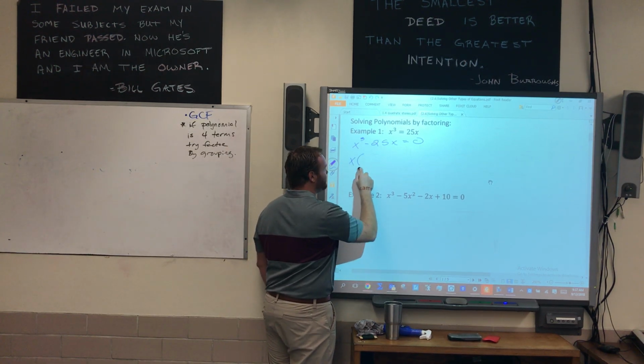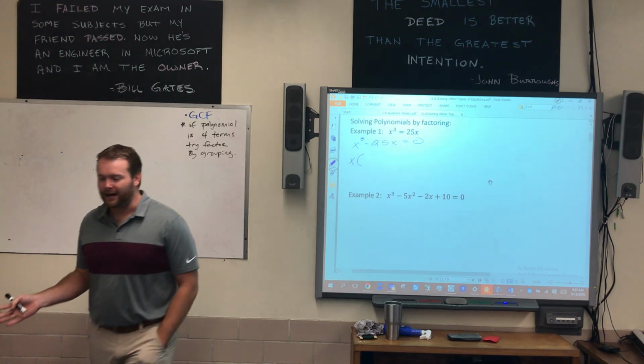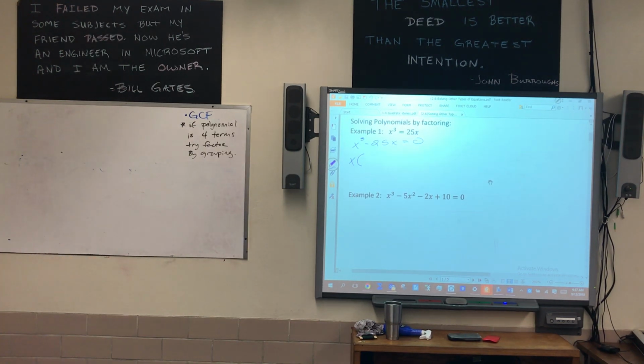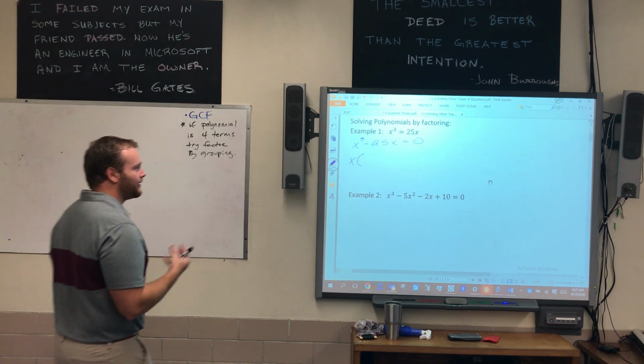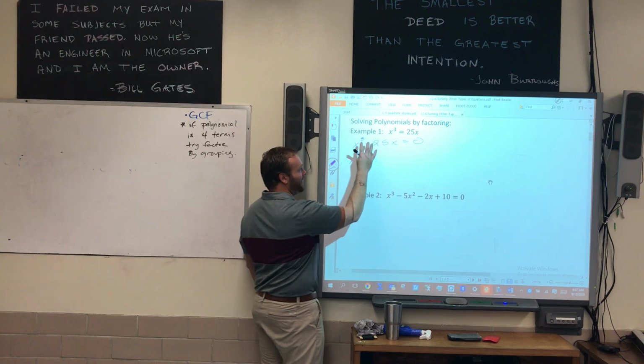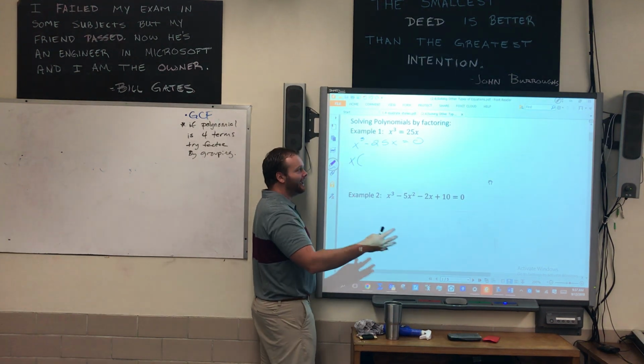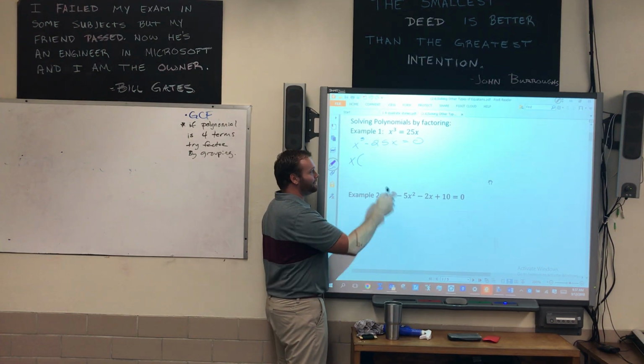Now here's the thing, when we divide out that x on the left-hand side, you can't just let it disappear. It has to stay, because we're just reorganizing things, and the left-hand side still has to be x cubed minus 25x. It's just going to be written in a different format.